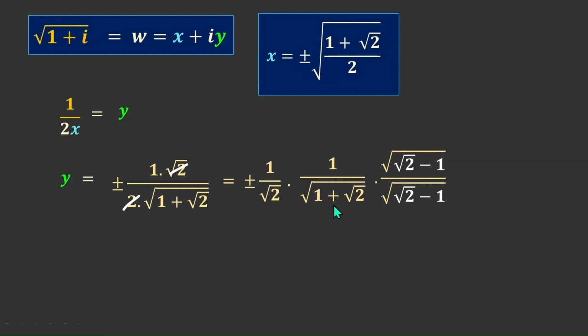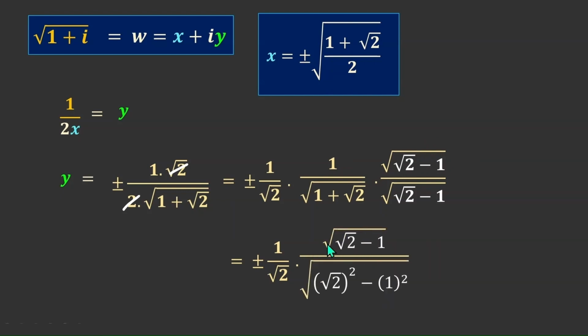So what this does is, this becomes b plus a and this becomes b minus a. So the product of this would be b squared minus a squared. Here b is root 2 and a is 1. And that whole is under square root. So our term here would be plus minus 1 by root 2, into the denominator, which would be square root of (root 2 squared minus 1 squared), and the numerator will come just as this.